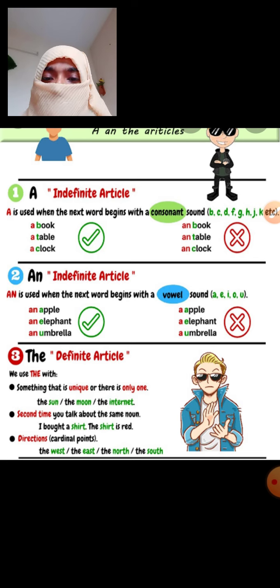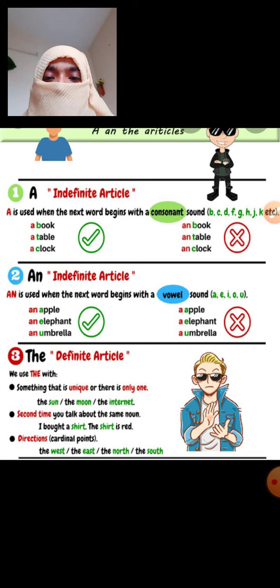Number 2, second time you talk about the same noun. That means when we talk about a thing for the first time, we use the article a or an. But when we repeat the same noun in our next sentence, we'll use the before the noun. For example, I bought a shirt.